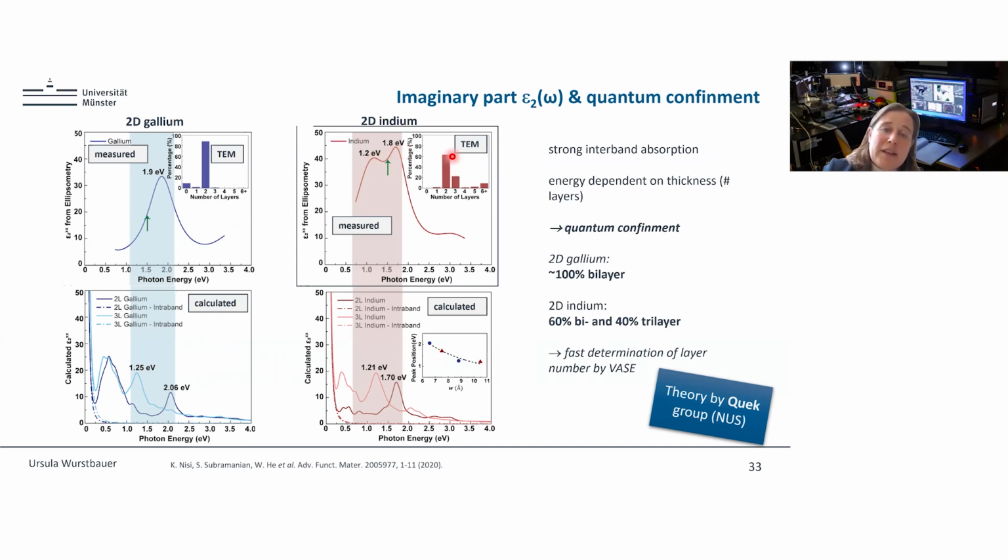In the TEM analysis, we see that we have a mixture of bi and trilayer, and that's exactly how we can explain it, because we have contributions from the bilayer, which has a smaller quantum confinement, and from the trilayer, which is, again due to quantum mechanics, redshifted. From that analysis, we can even extract the contribution of bi and trilayer to be 60 and 40%.